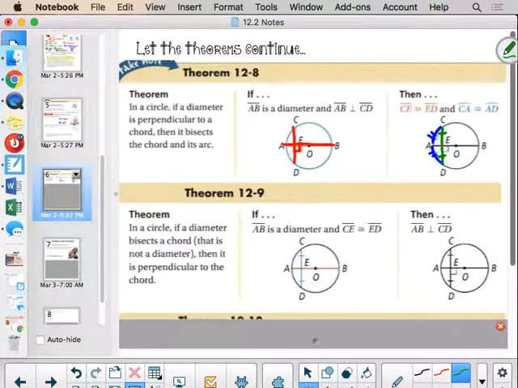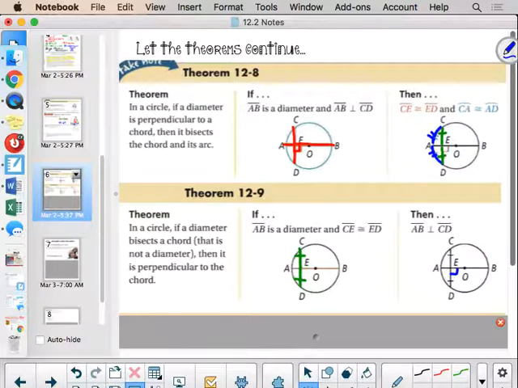All right, so now let's go this way. If I have a diameter, and I notice that the diameter broke the chord up into 2 congruent parts, so the diameter split the chord into 2 congruent parts, then what I know is true is that it is perpendicular to the chord.